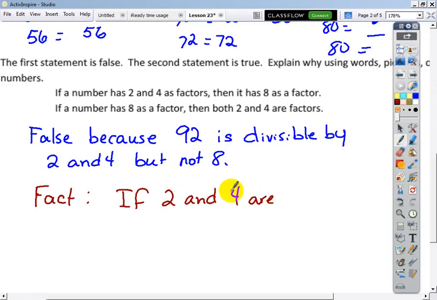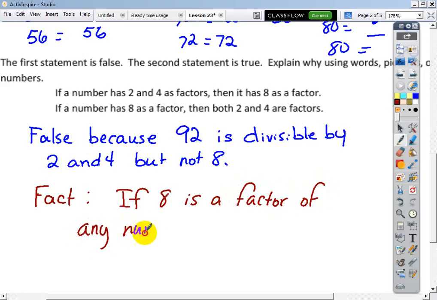Sorry about that. 2 and 4 doesn't necessarily mean 8 will work, but if 8 is a factor of any number, any number in the world, then 2 and 4 are also.